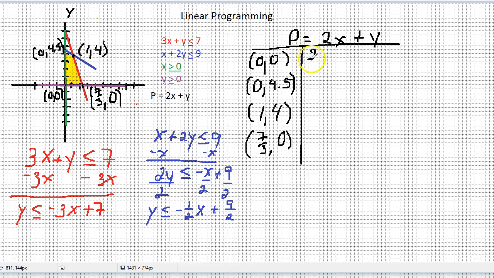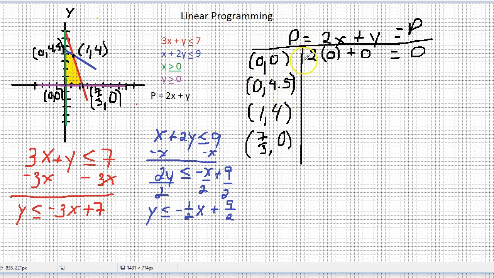What we're going to do is plug these values in for x and y. So we have 2 times 0, because x is 0, plus 0, because y is 0. So this value equals 0. And we can even say this is equal to P, so this gives us our productivity.